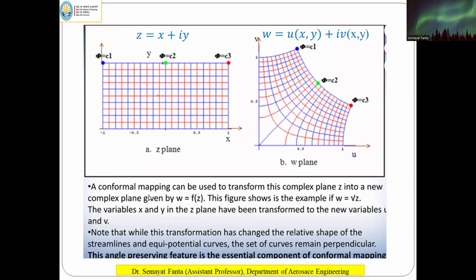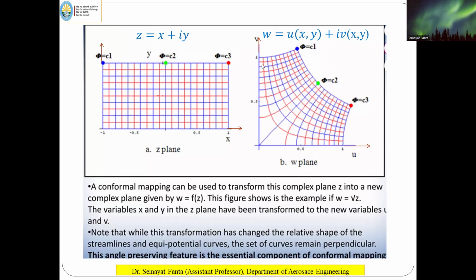So a conformal mapping can be used to transform this complex plane Z into a new complex plane W, where W is f of Z. The W plane is what we call the transformed plane, and the Z plane is the initial plane in the complex format. The above figure shows an example where W is equal to the square root of Z, that is, W is equal to the square root of X plus iY.